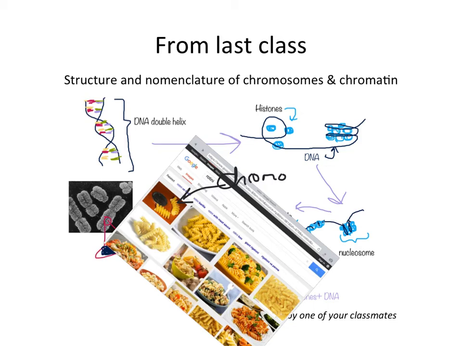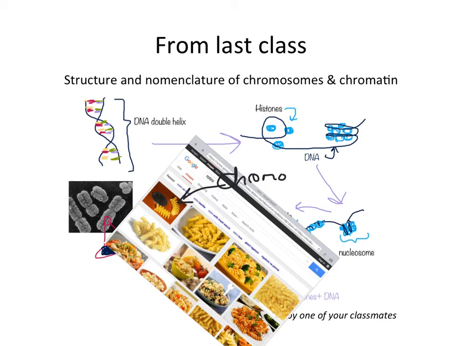It's a rotini noodle. What's the rotini made out of? What are the ingredients that make up a rotini? Italians, come on. Flour, water, egg. Right? So we've got chromatin. So the concept of chromatin versus chromosome. Chromatin is the stuff that makes up a chromosome. Flour, water, and egg is the stuff that makes up a rotini.